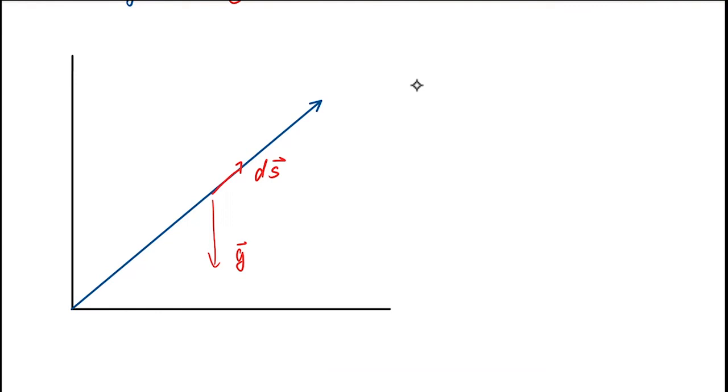But the idea is this. If we have F dot ds, could we just look at it? F is of course mg. And then instead of taking a dot product, could we just put ds as a scalar and then cosine theta, theta being this angle?